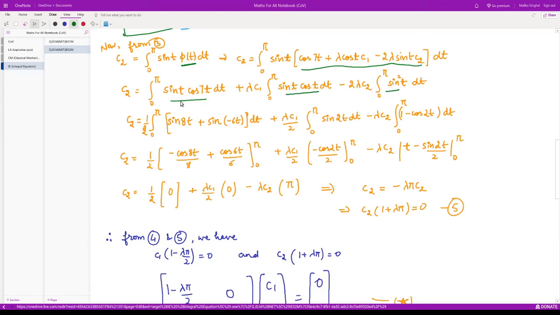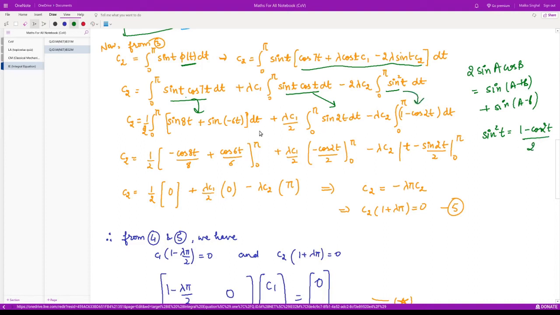Here we have used the formula of 2 sine a cos b, which is equal to sine(a+b) plus sine(a-b), right? So this term becomes this, and here we have used the formula of sine 2t as discussed before, and the formula for sine square t in terms of the cos double angle. What is that? It is equal to this, right? After writing the formulas and simplifying the terms, now we can integrate.